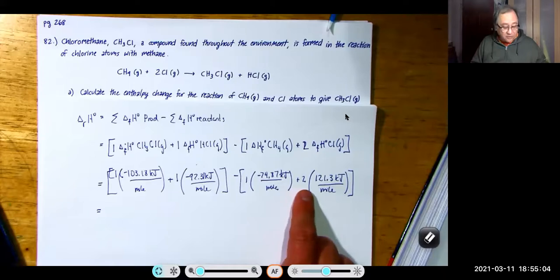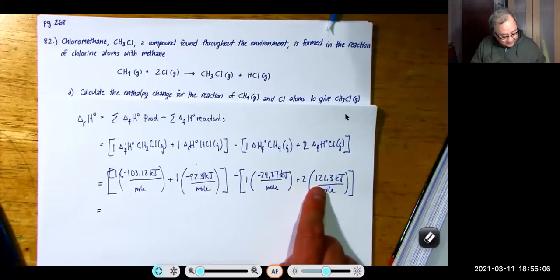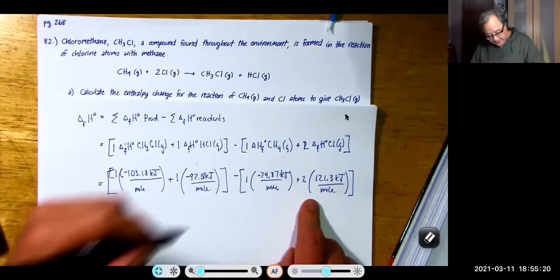So I'm going to call that 242.6. And I get minus 363.22 kilojoules per mole.